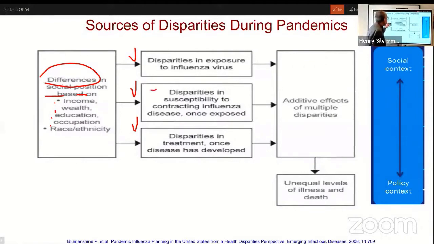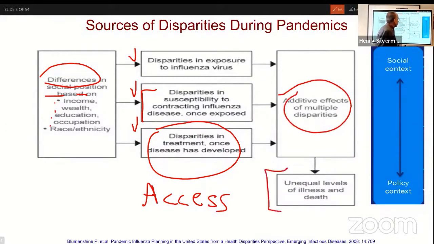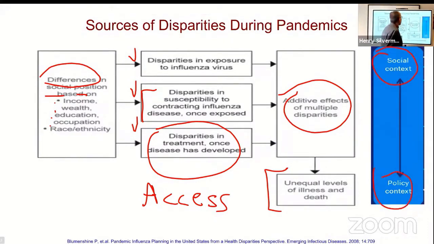There are disparities in the susceptibility to contracting the influenza. People from the lower economic groups have lower immune systems. And then there are disparities in treatment once disease has developed. Also, there are disparities in access to health services. So all of this adds up to unequal levels of illness and death. And essentially, we have differences in the social context and also in the policy context.